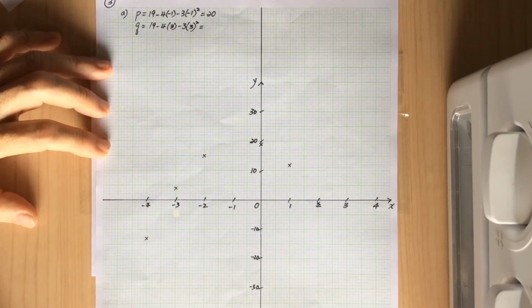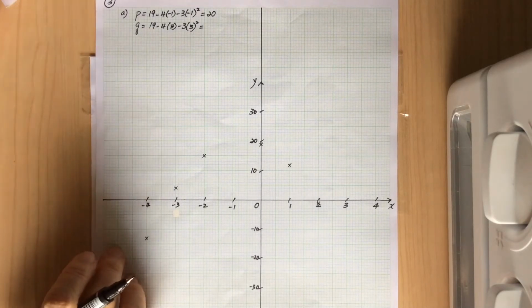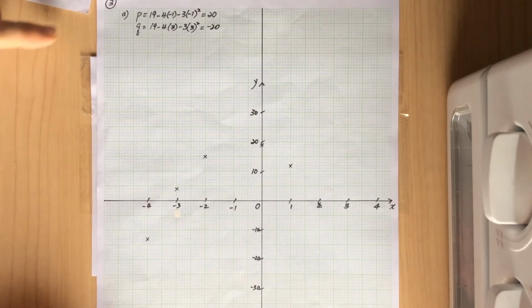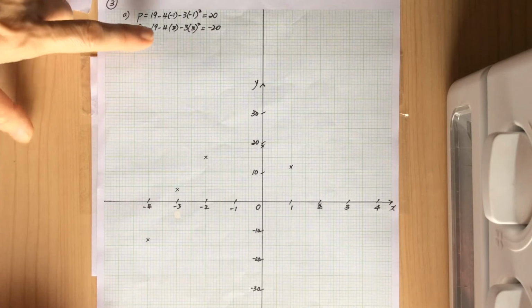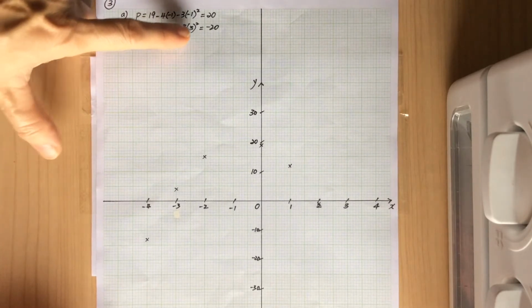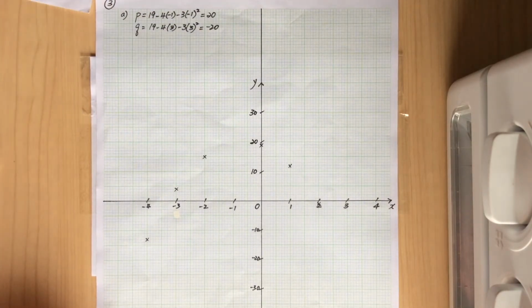Wow, so it's going to be a negative number. I calculated the value of Q already. When x equals 3, do a substitution, and I calculate it's negative 20.